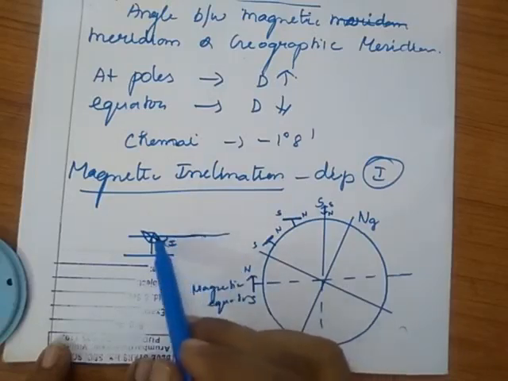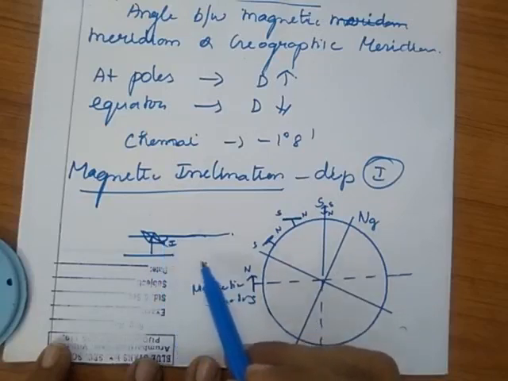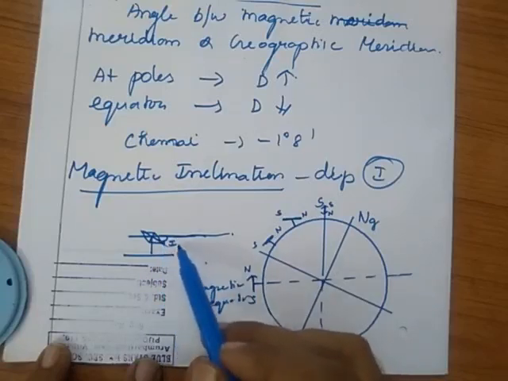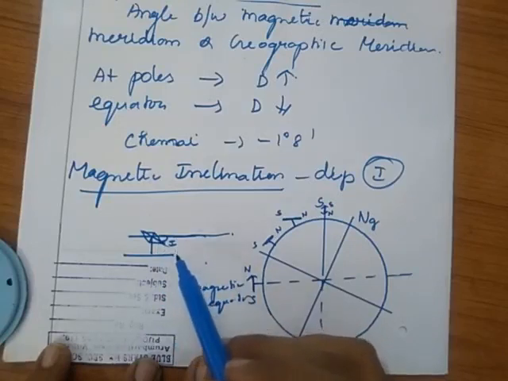In between they create an angle, and that angle is known as the angle of inclination.